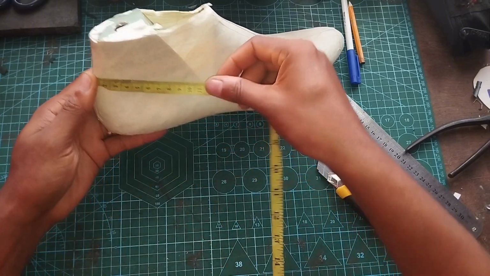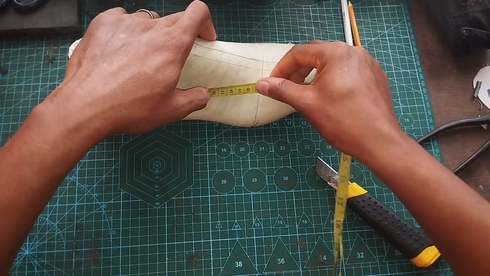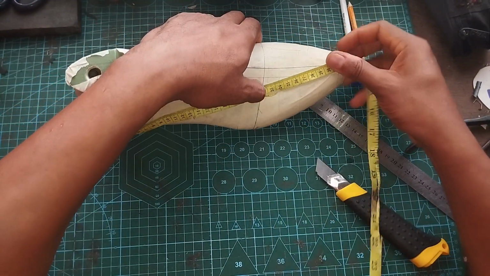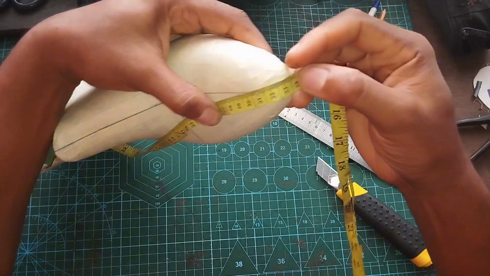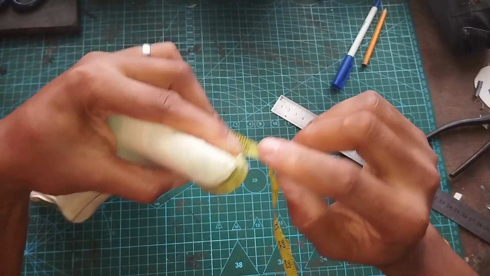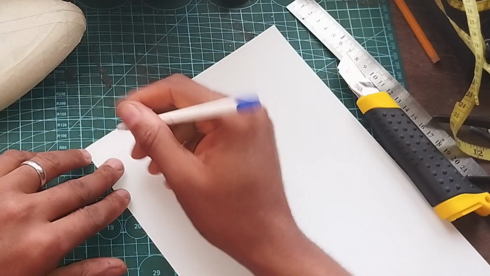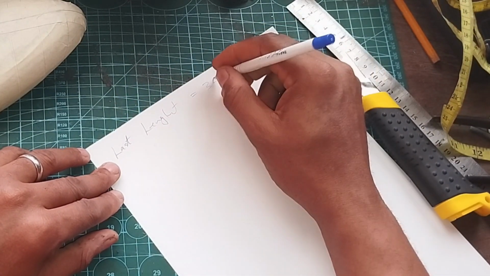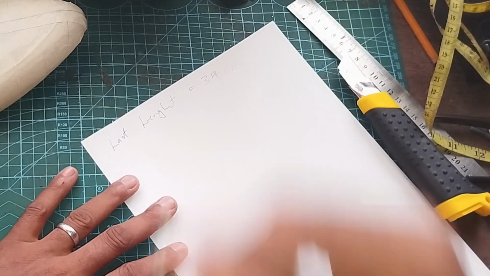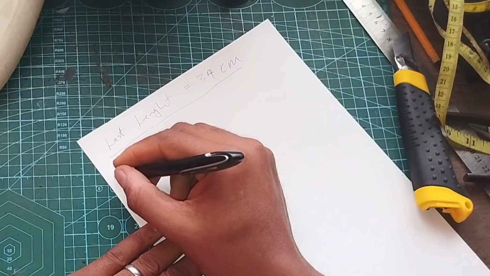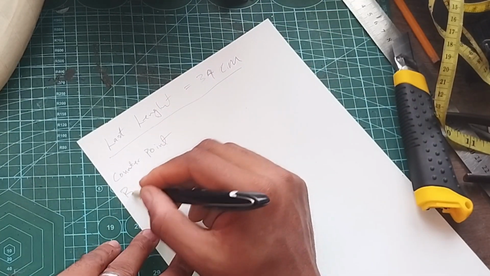Now I go measure along the side of this last like this, from the back to the tip of the front like this. This measurement when I get, they call them the last length. On this last, as you can see, na 34 cm. So our last length for this last is 34 cm. Now we go need to calculate 2 other points on top of this last, the counterpoint and the back height.